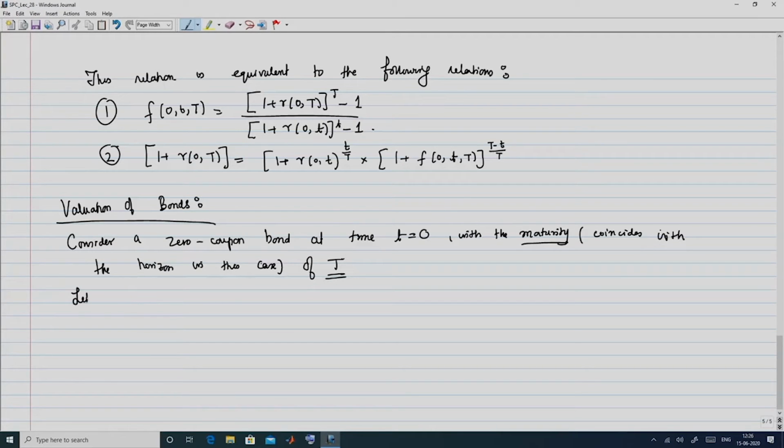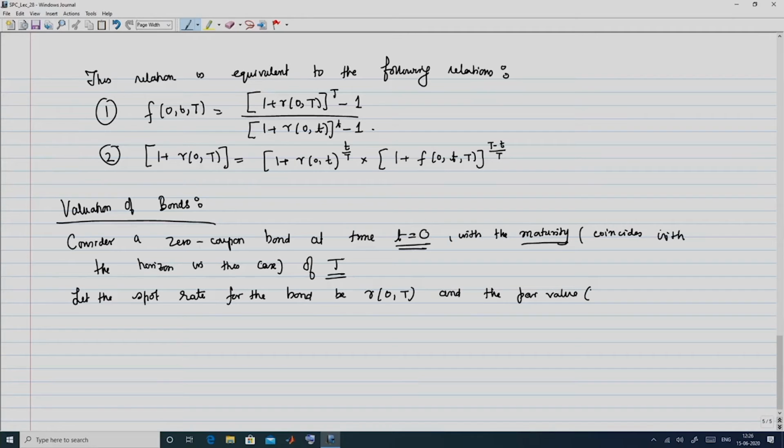Now, let the spot rate for the bond, and remember the bond is from t equal to 0 to capital T, be r(0, T), and the par value.